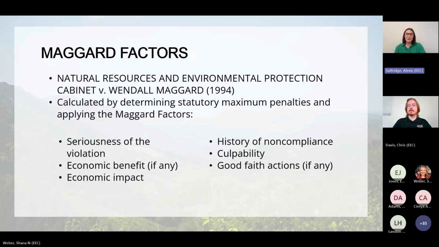The Maggard factors are what we weigh most heavily. So if they apply to you and will look good in your favor for penalty reduction, include them in a response. I think that was the most important parts of penalty, and I'll let Chris finish up on the rest of our enforcement processes.